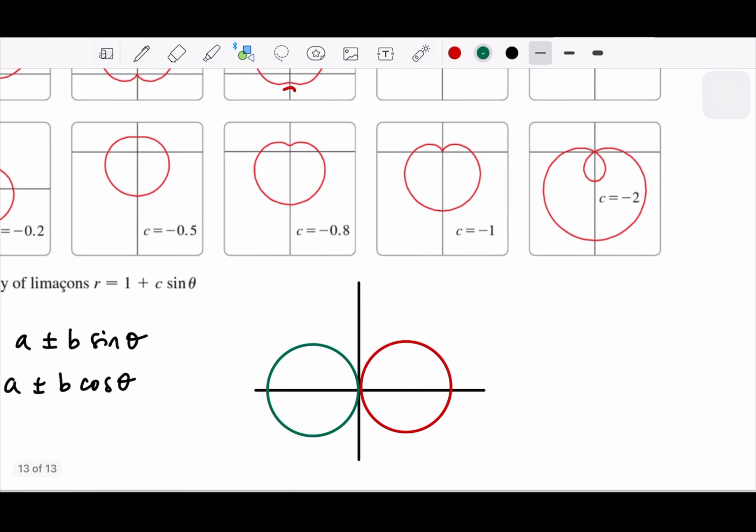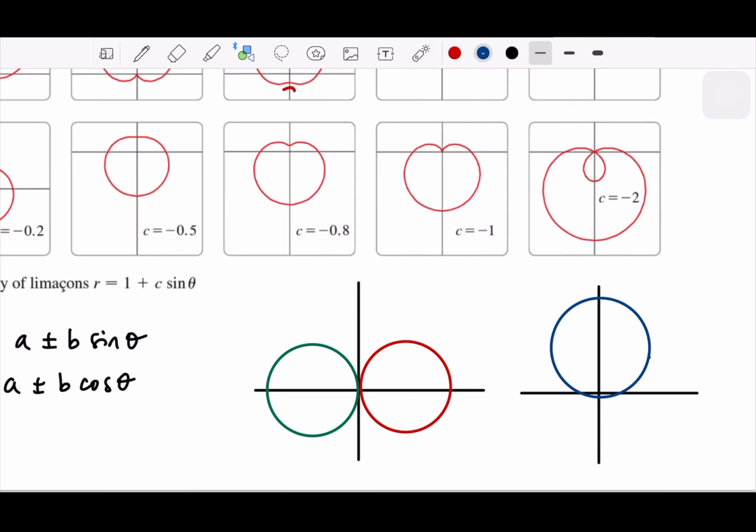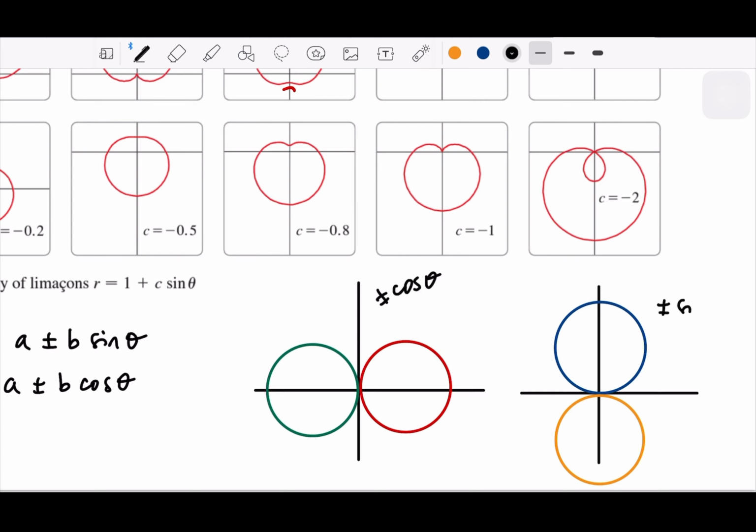And if you have sine, the patterns should be the same. This is the positive one, and this will be the negative one. So this is plus minus cos, this is plus minus sine.